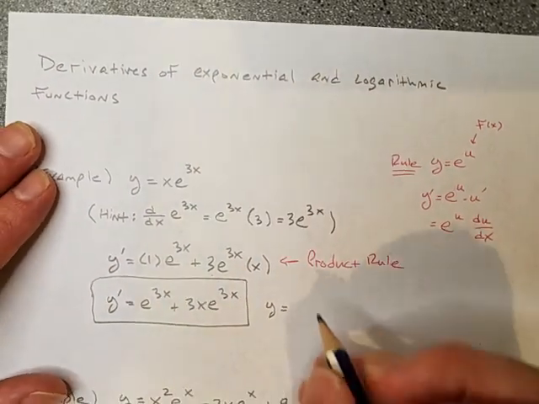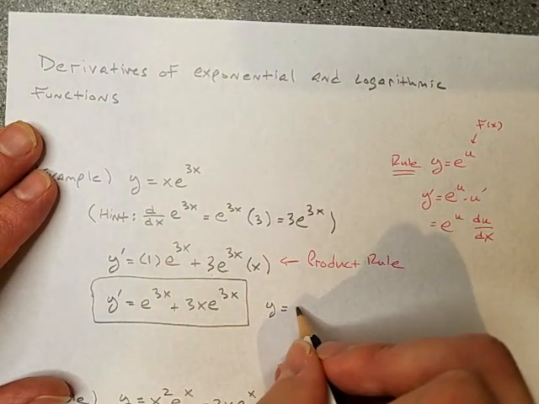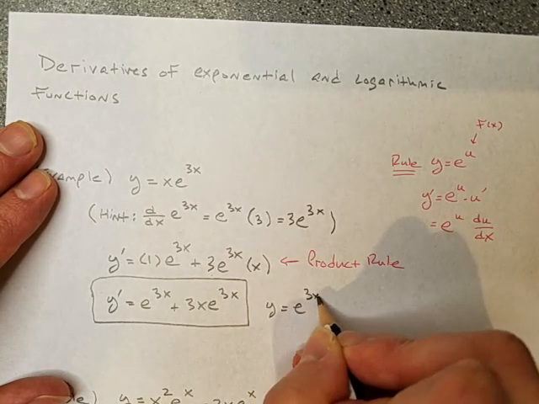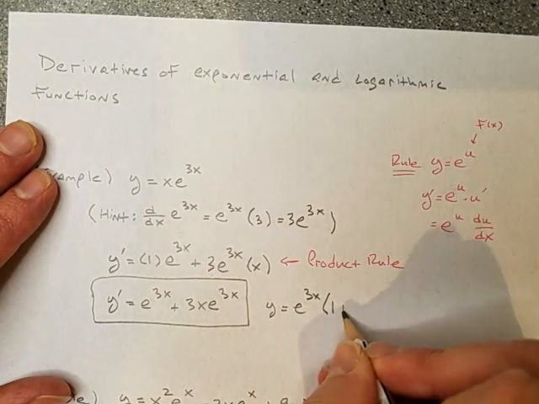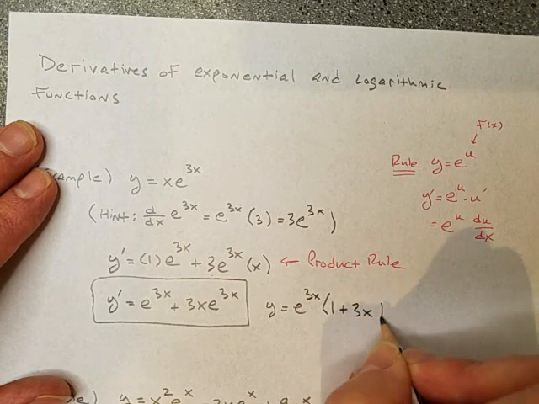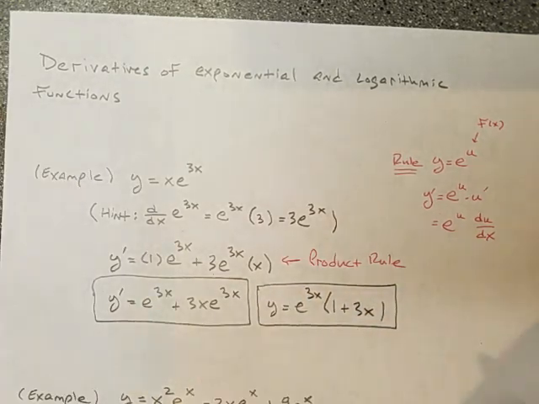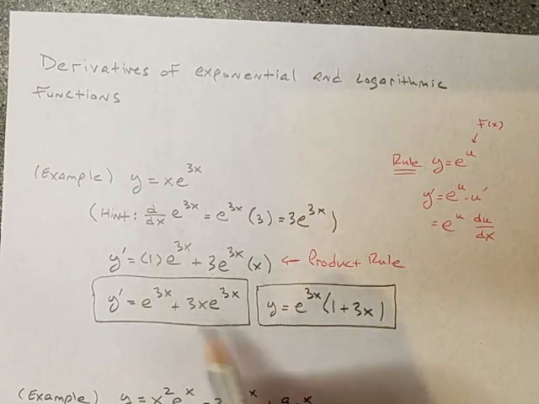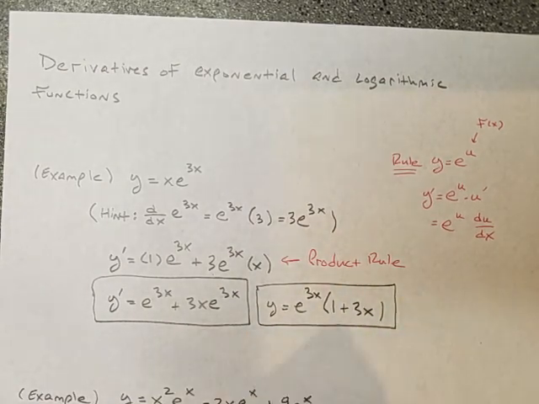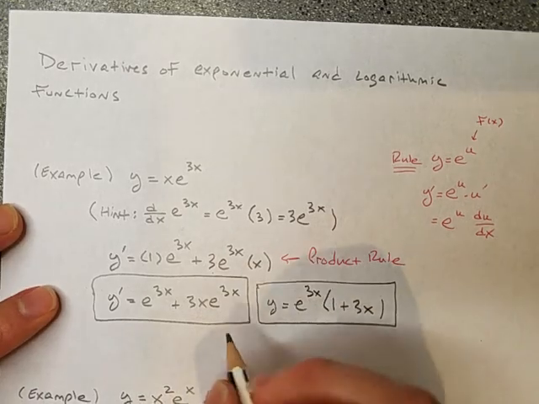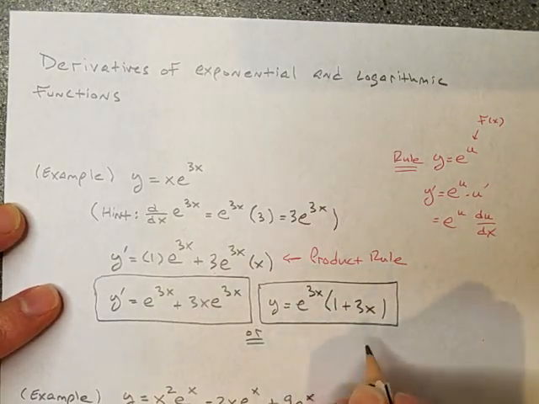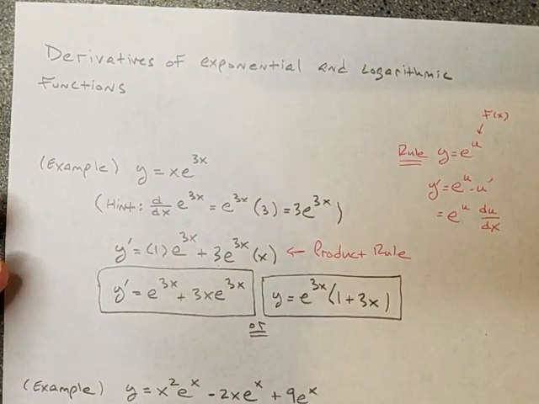Sometimes people are fond of factoring their answers, so you should be aware that that could be done. Wouldn't this be the correct factorization of what I had? e to the 3x times 1 and e to the 3x times 3x, and it's the same thing. Who knows which one of these you're going to have to give, but I told you about both of them.